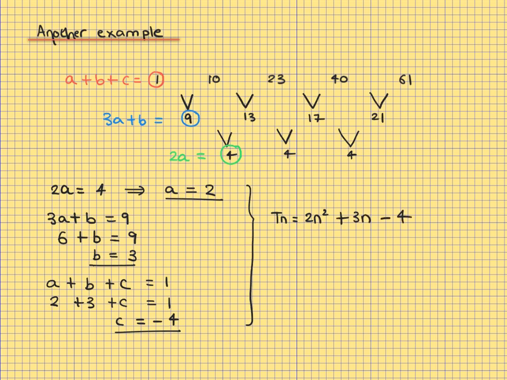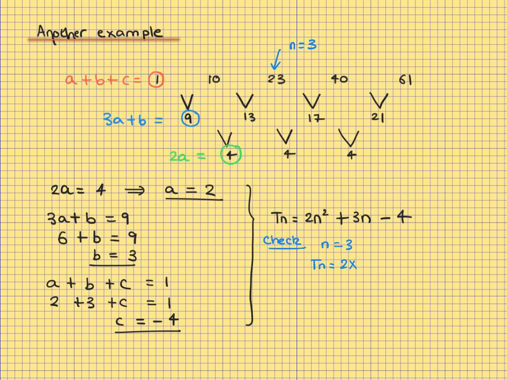Now, do I know this method works? Well, we can check. Let's choose an n value. So this term here corresponds to n equals 3. It's the third term. So n equals 3. Let's use our formula to evaluate the third term and then check that it actually equals 23, the actual third term.